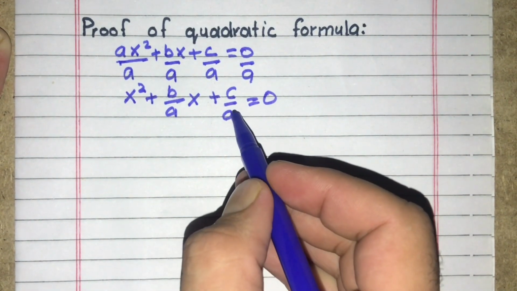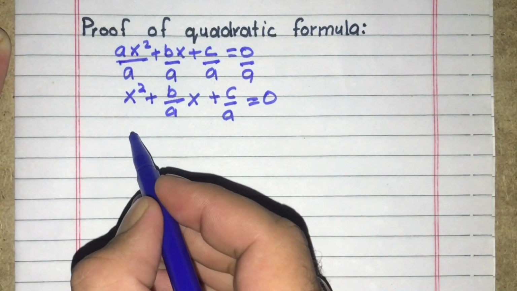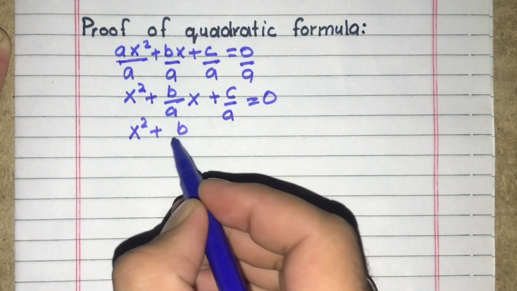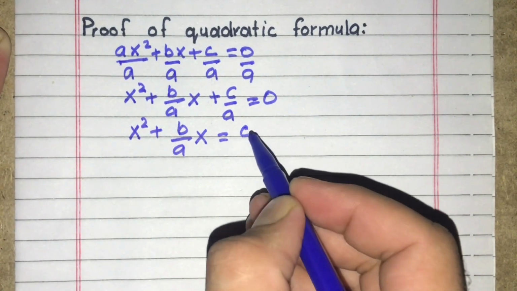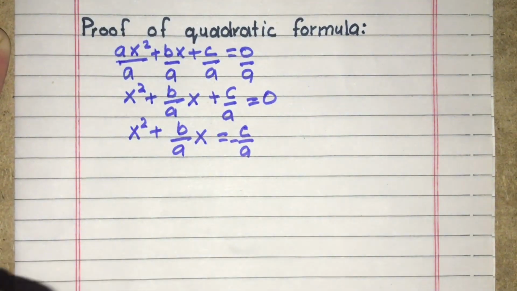The next step is to push this constant term to the right hand side, so this will be x squared plus b divided by a x is equal to c divided by a, but here the sign will be minus.